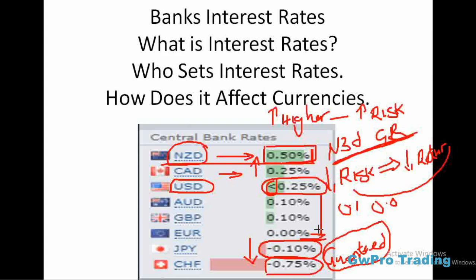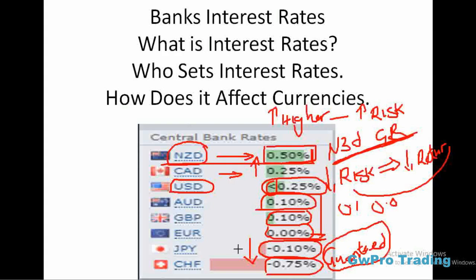All right, and you can also see players also buying more of the AUD as well, because that's the next on the ranking, or the GBP, or the Euro as well. All right, so that makes sense.